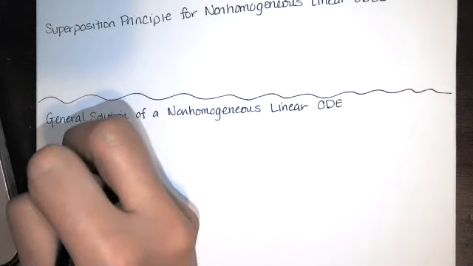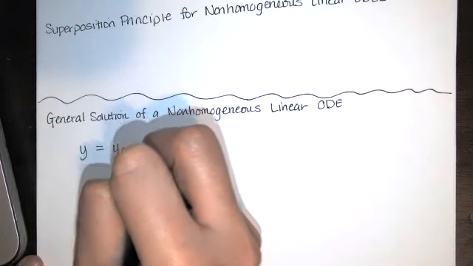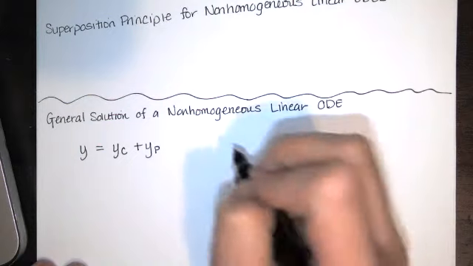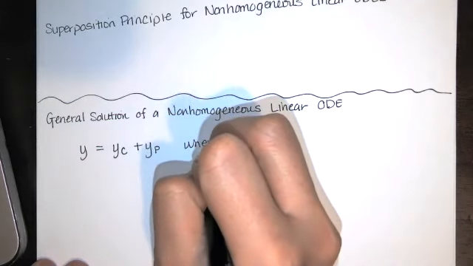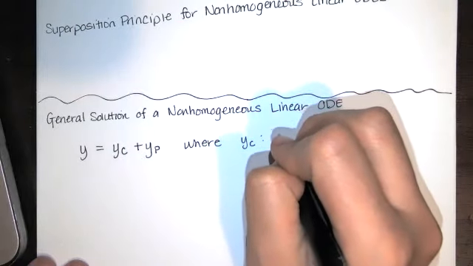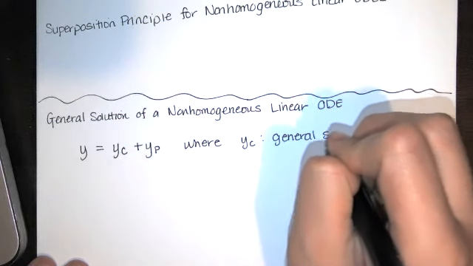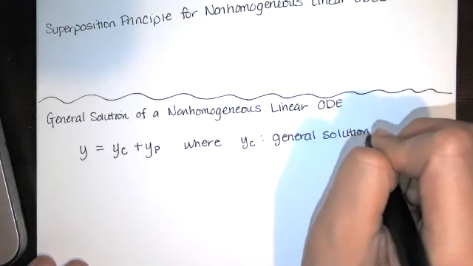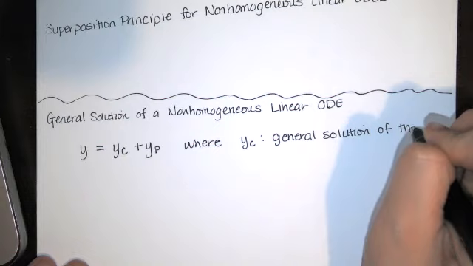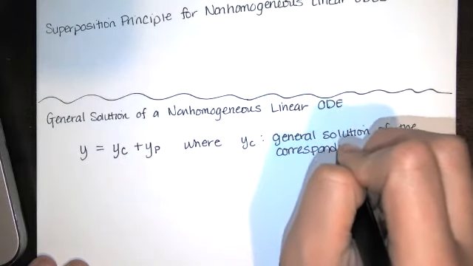The first piece is called y sub c, and the second piece is called y sub p. And this is where y sub c is the solution, or the general solution, of the corresponding homogeneous differential equation.